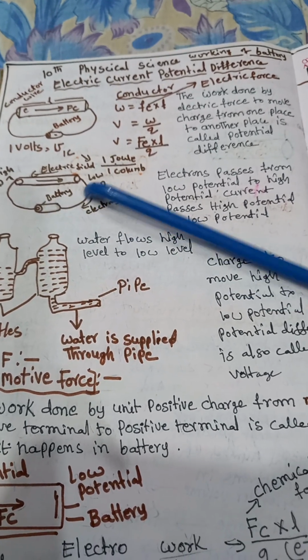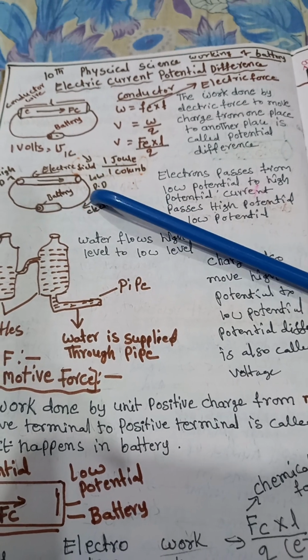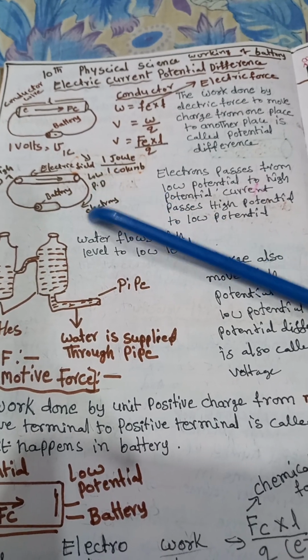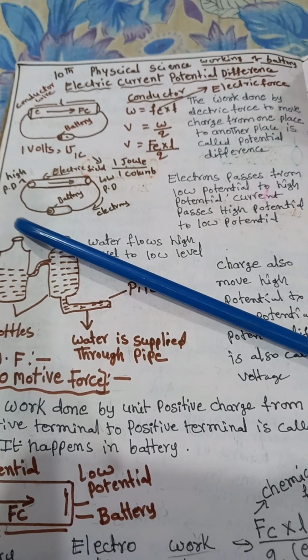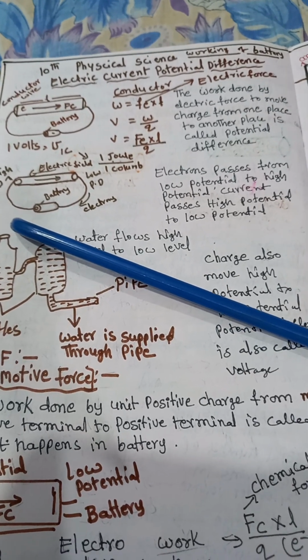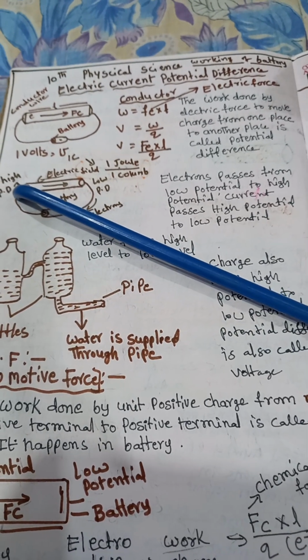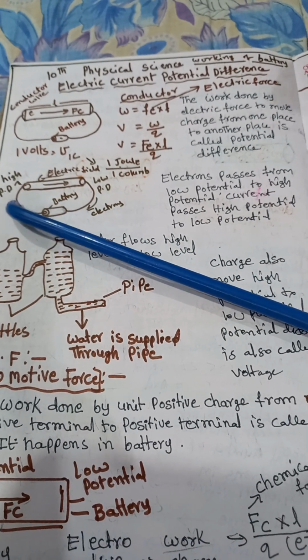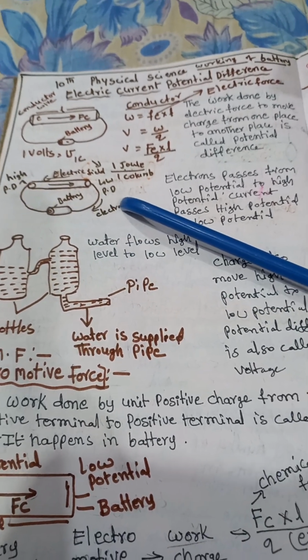So the electrons pass from low potential to high potential, and the current passes from high potential to low potential.